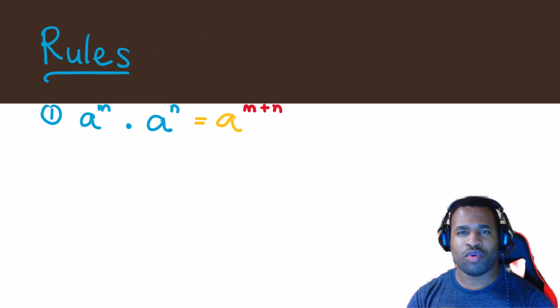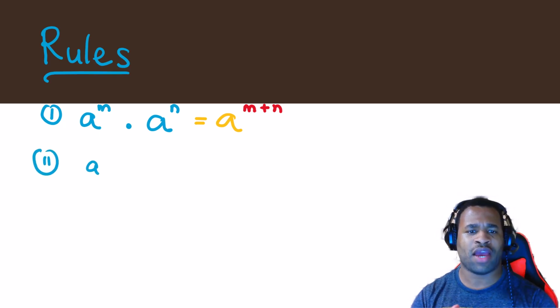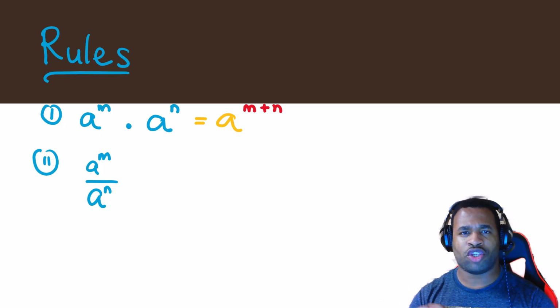Now the second rule is going to be divided into two parts. The first part shows us a as the base divided by the same base, a, but our exponent here is m and the other one is n. There are conditions we need to take into account.